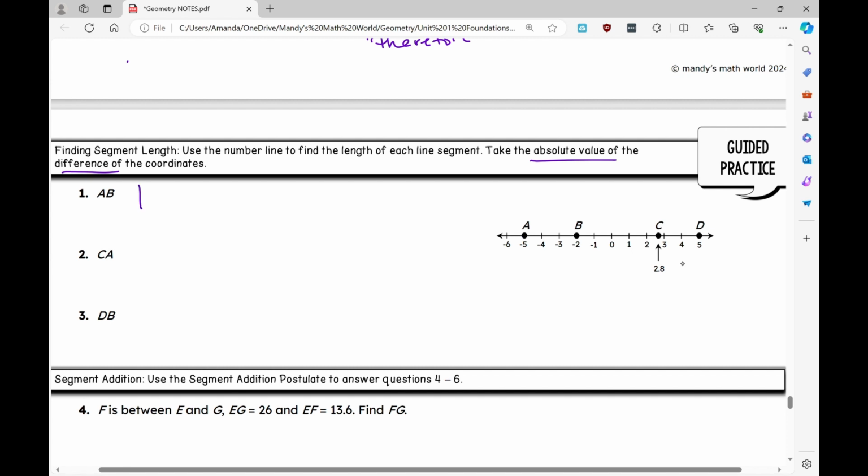My coordinate is -5 for A and -2 for B. So -5 minus -2 is the same thing as -5 plus 2, which is -3. The absolute value of -3 is 3 because absolute value is always positive. Let's write that down. Absolute value is always positive.